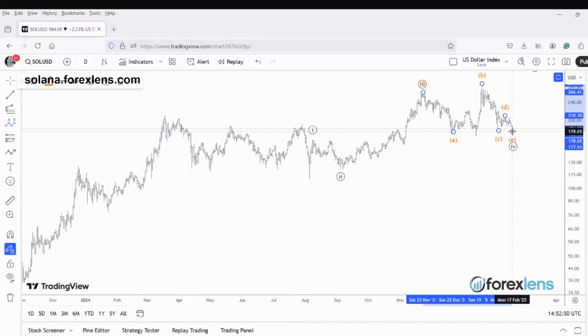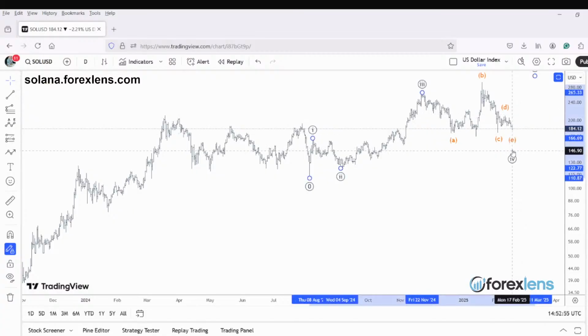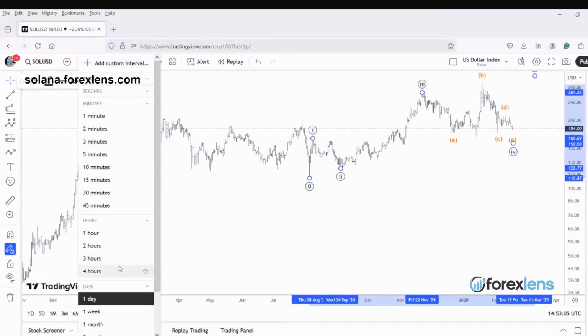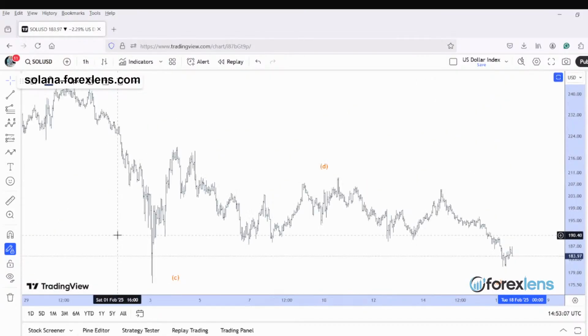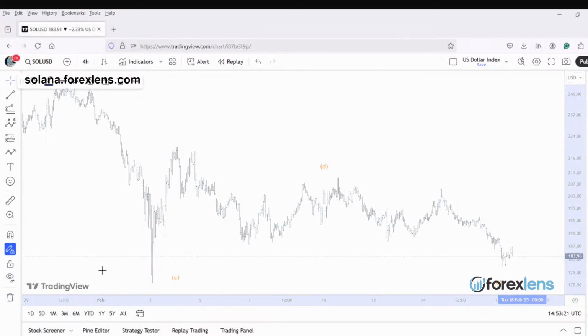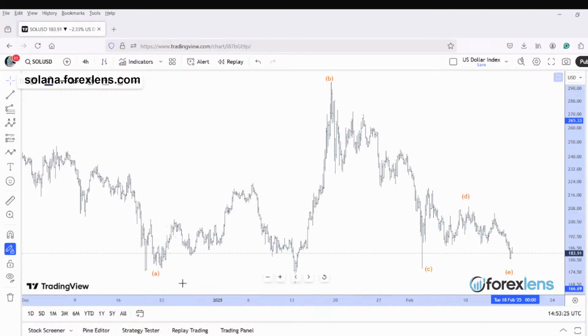And if it is rightly done, then prices would ideally stay above 181 or 170. Let's go back on a smaller time frame. I think it's 175. Yeah, it is 176. Okay, so ideally prices should stay above 176. But on the safer side, you place your stop loss around the 167 mark, around wave A. This is wave A.